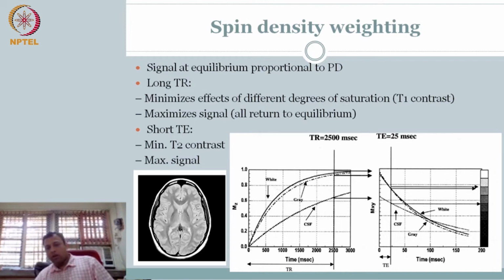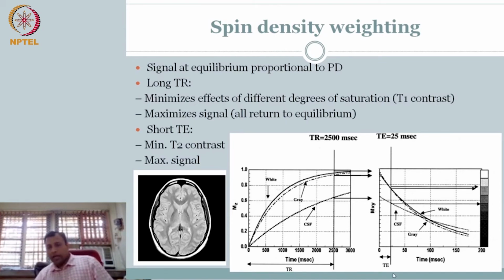I have allowed each of them to reach their maximum equilibrium value. Now if I push this, so TR is maximum, so now I push this guy to the floor. If I push it to the floor, this MZ comes to the floor. So the immediate signal, I'm going to start with the maximum signal. And then it is going to dephase and therefore go down.